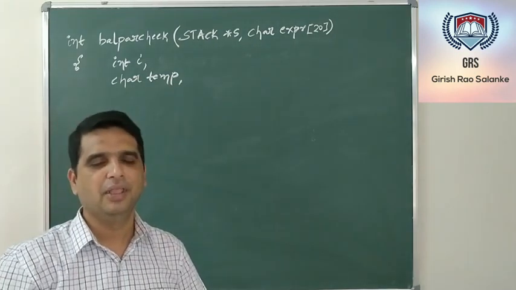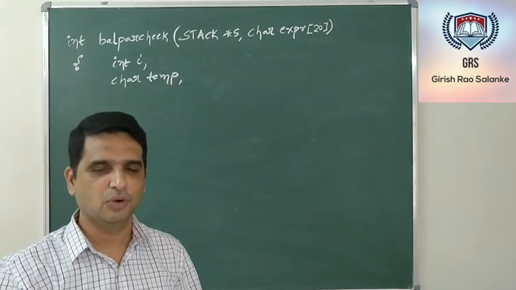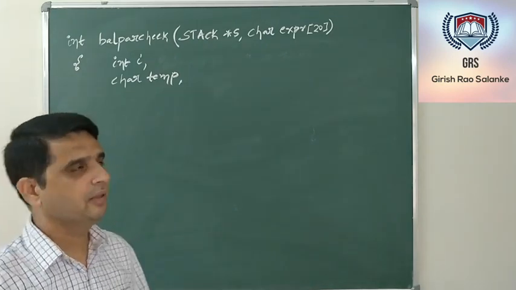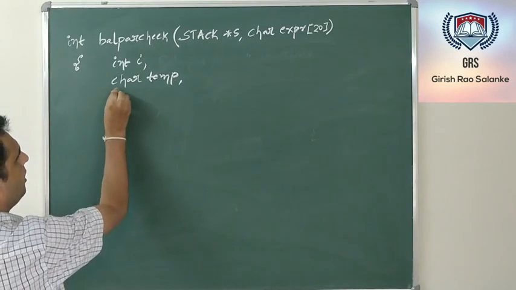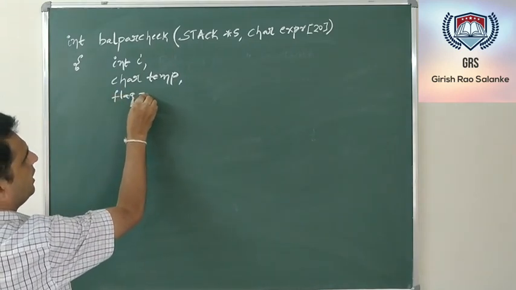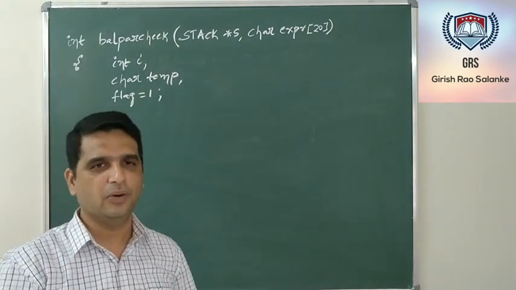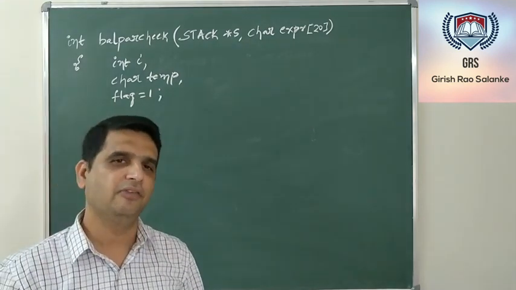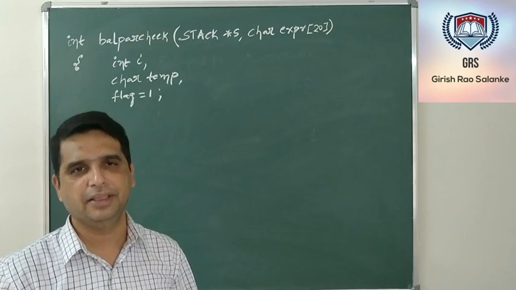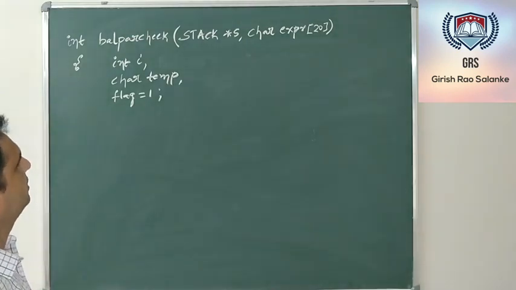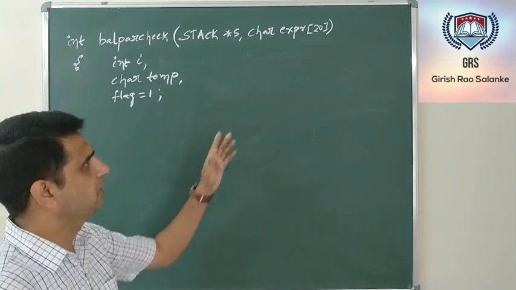Because I need to pop some elements from the stack, so to hold the return value of pop, I am using a variable called temp. Let me use one more variable called flag, and initially I will assume that flag has a value of 1. Finally in my code I am going to return the flag, which may either be true or false.